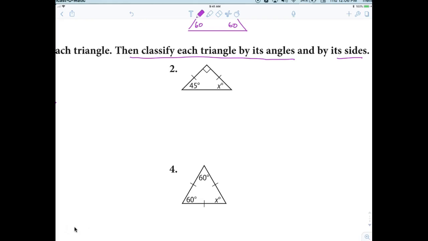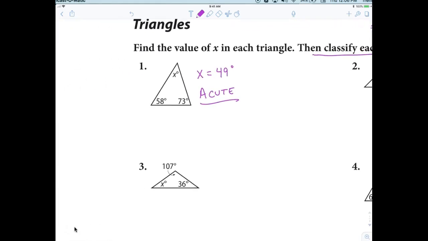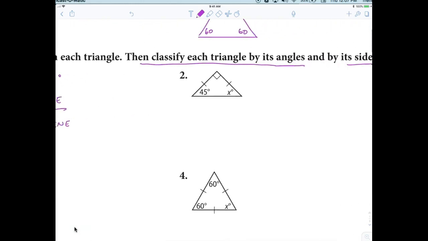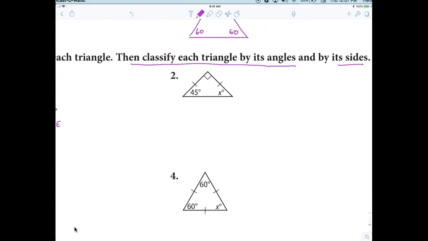Yes. All right, so let's look back here. So this is acute and also what? Scalene. Thank you very much.